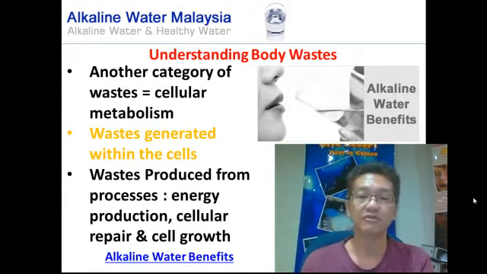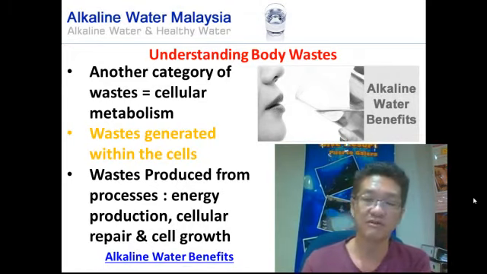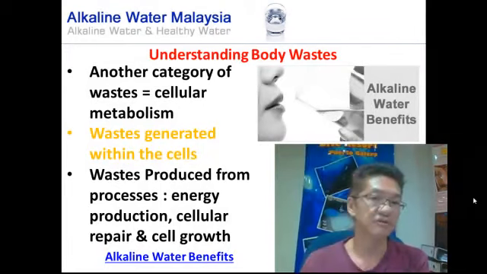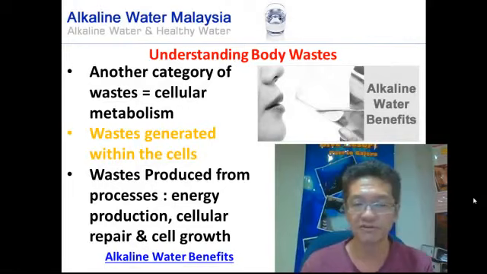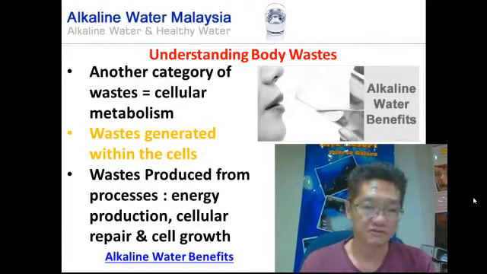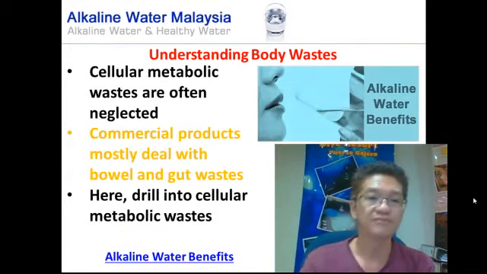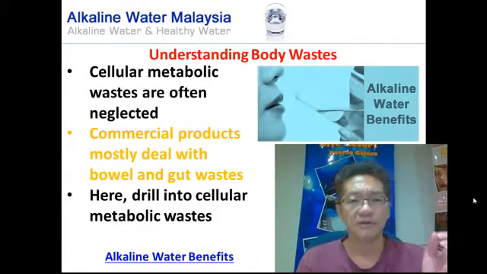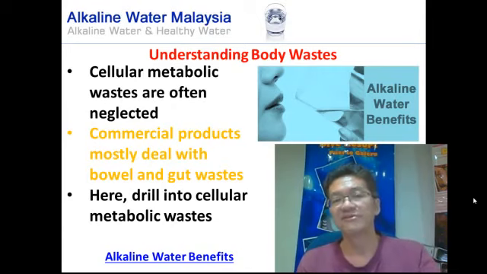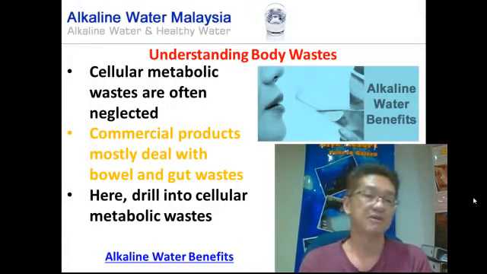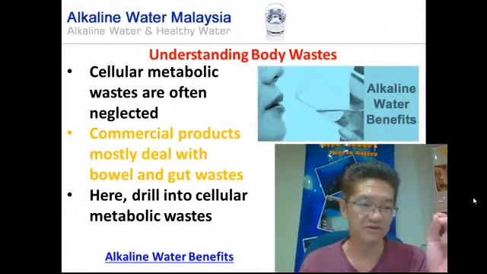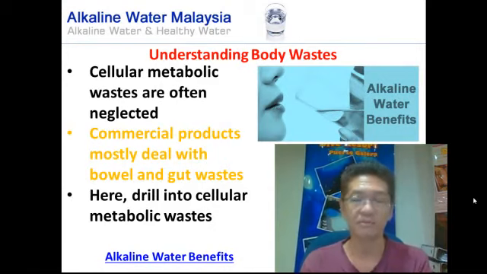Basically, these wastes are produced from processes within the cells, such as energy production, cellular repair, and cell growth. All these processes will generate wastes, and we call them cellular metabolic wastes. Cellular metabolic waste is often neglected or ignored and not emphasized very much. But in fact, this category of waste is a big problem to the body.